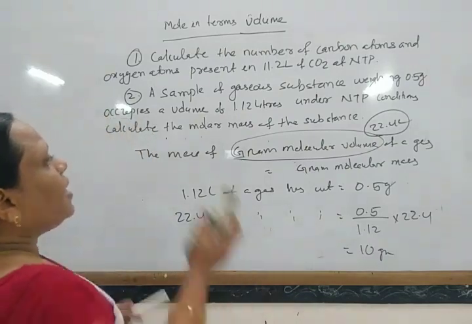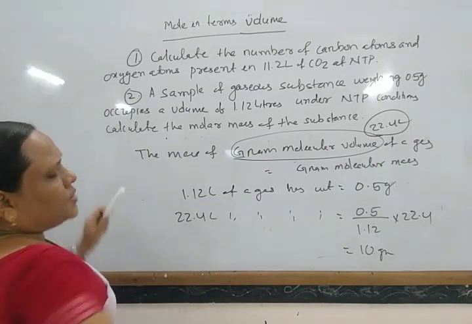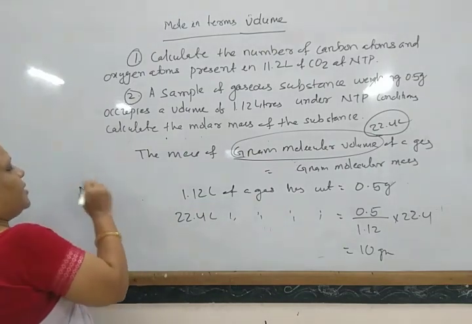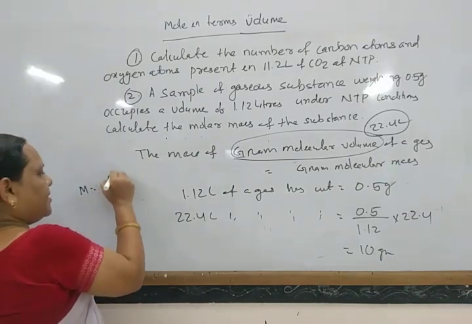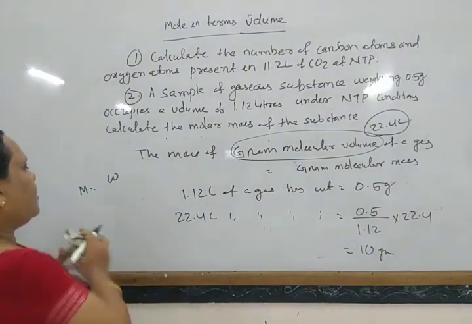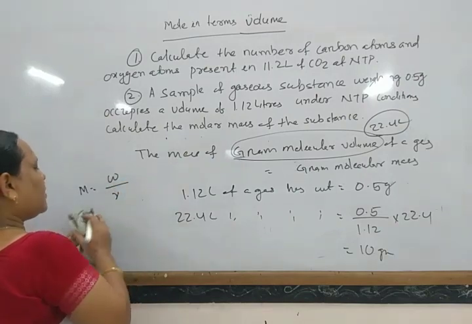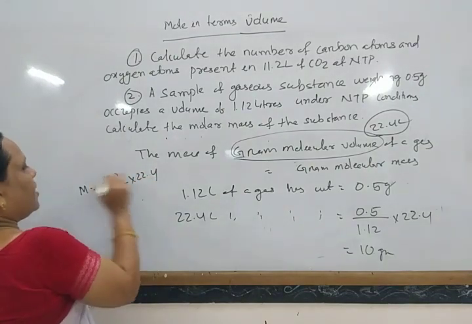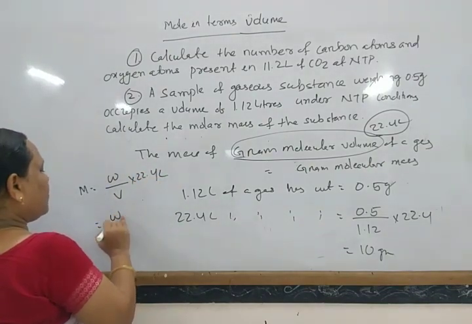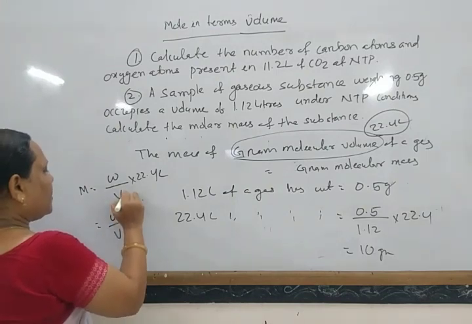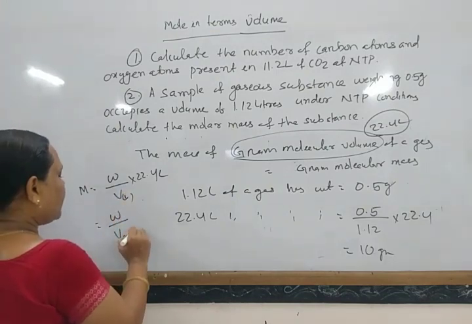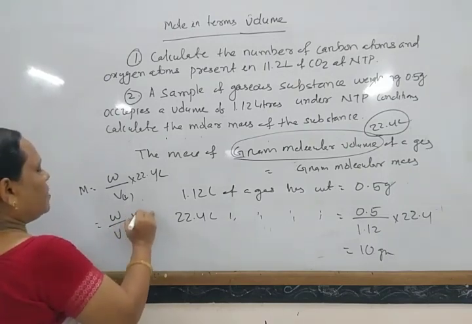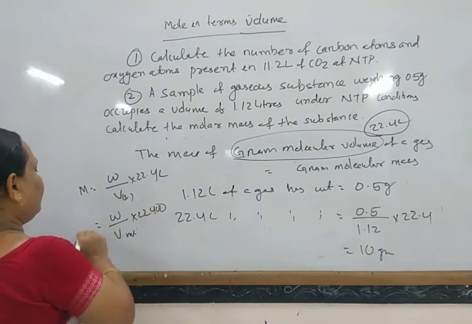Okay. So in this way, what is the relation? How to find out the molecular mass? Molecular mass is given weight by given volume in liter into 22.4, or given weight by volume in ml into 22,400.